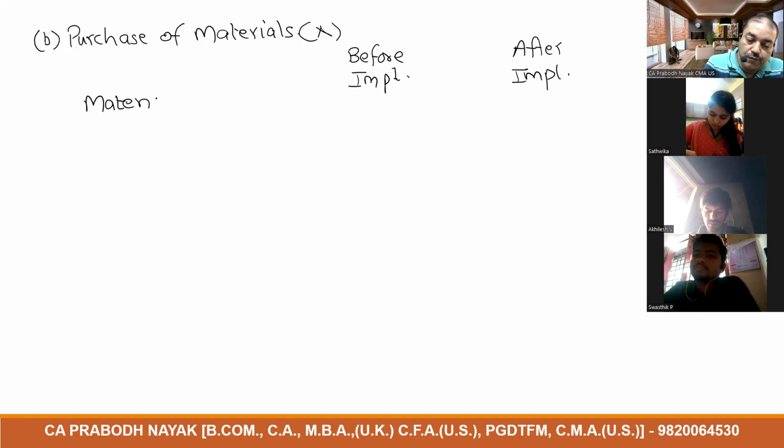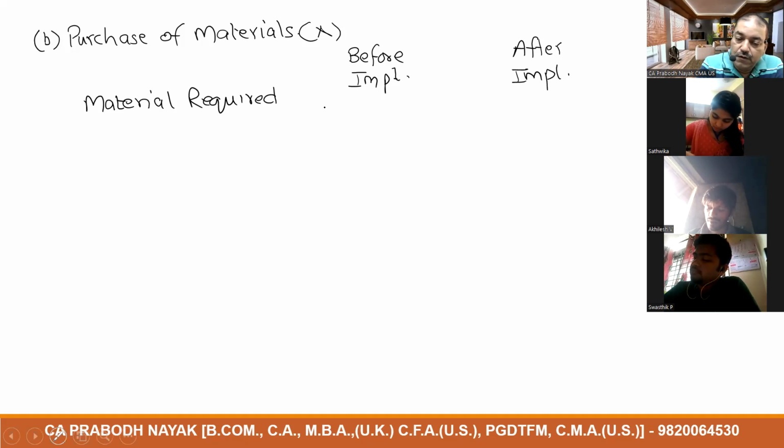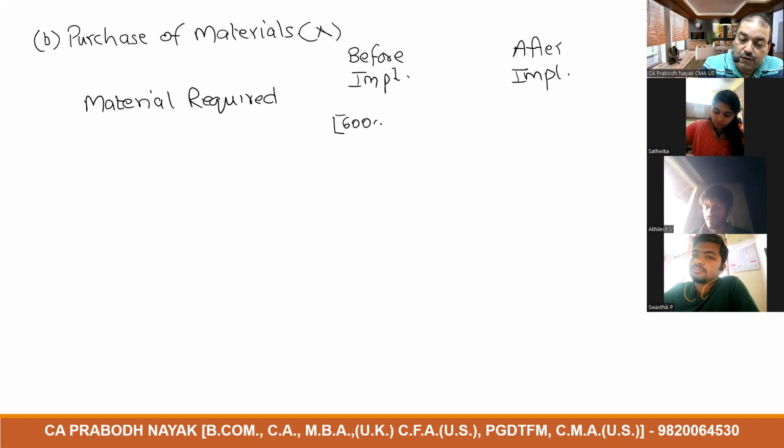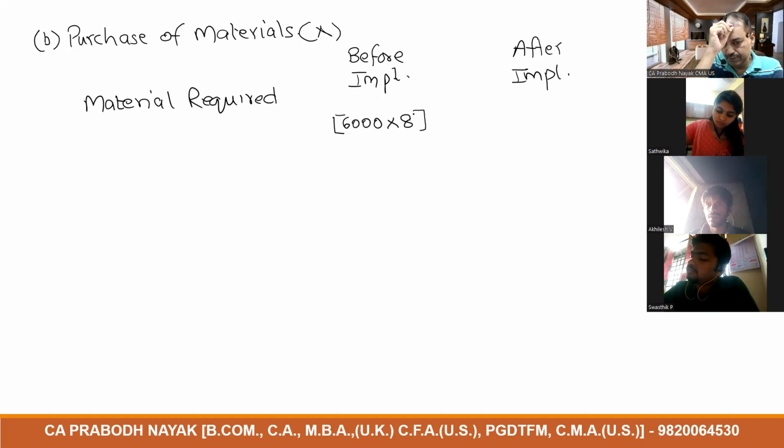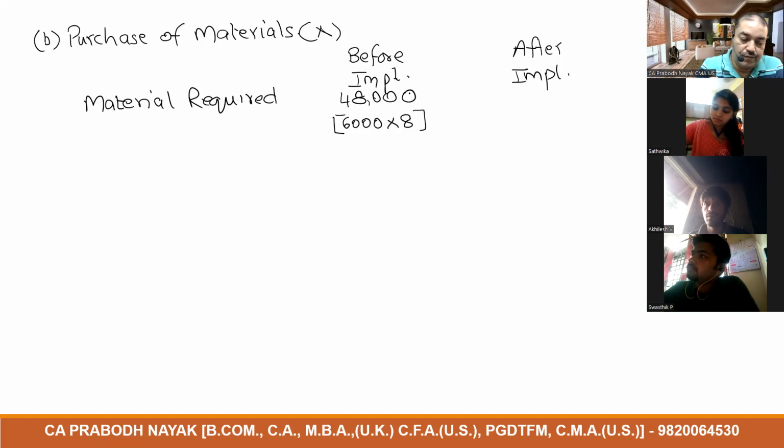Material consumed or material required, you can write it. Production is 6,000 units into 8 per unit. So 48,000 units of material are required.